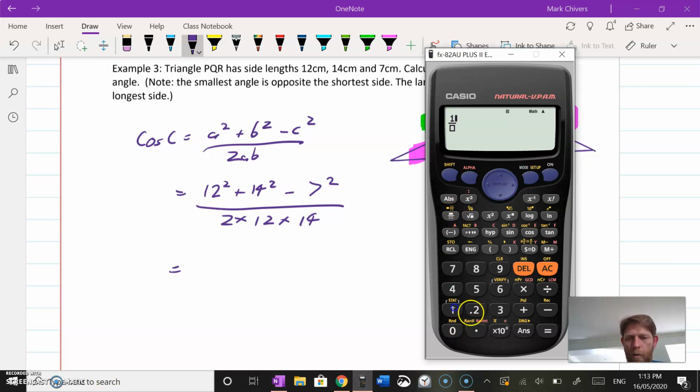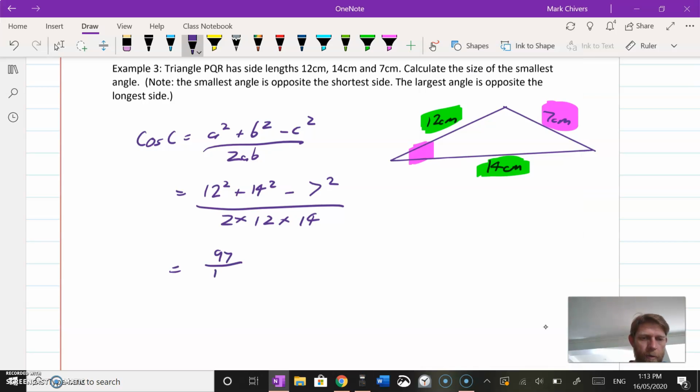So create a fraction, 12 squared plus 14 squared, minus 7 squared, all over 2 times 12 times 14. Once again, it doesn't matter if I get the order wrong with the A and the B, so that will work out just fine, even though I put it in the wrong order down the bottom. So I end up with 97 over 112. And then C is going to equal cos to the minus 1 of 97 over 112.